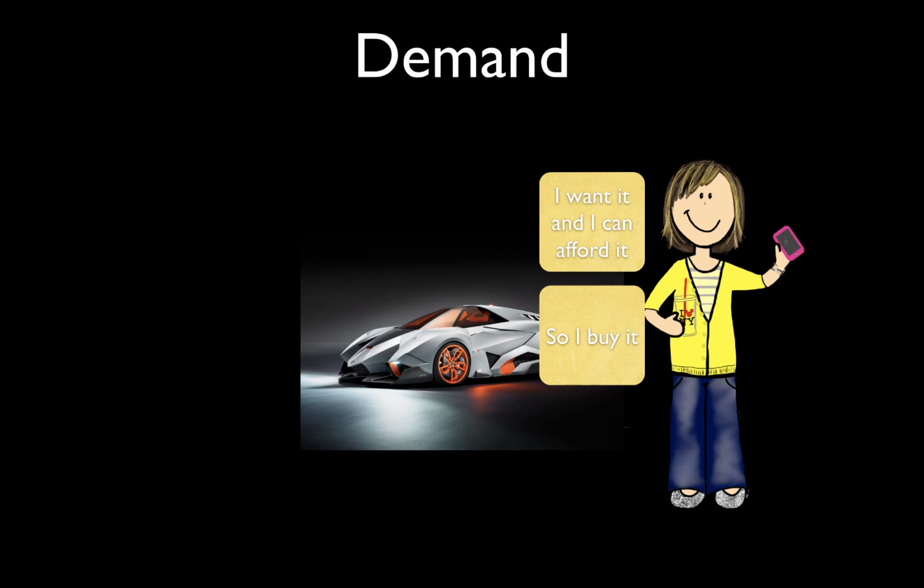So she buys it. There, she demands it at that price, whatever it is. Once she bought it, she has demanded it. So in order for you to demand something at a certain price, you must want it and have the money and therefore buy it. Once you've bought it, you have demanded it at that price.